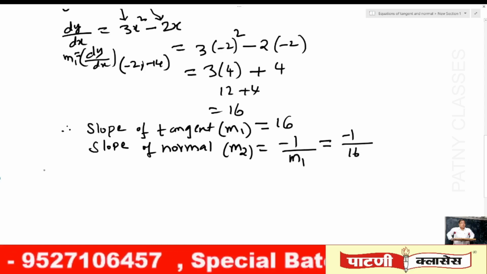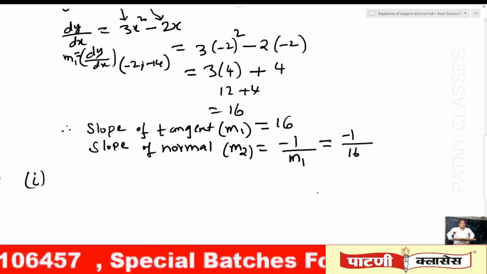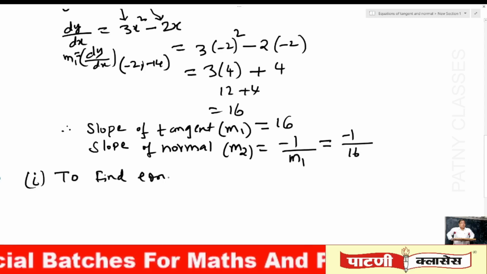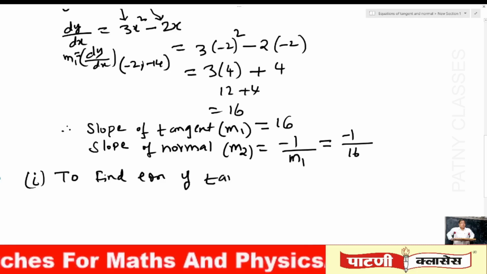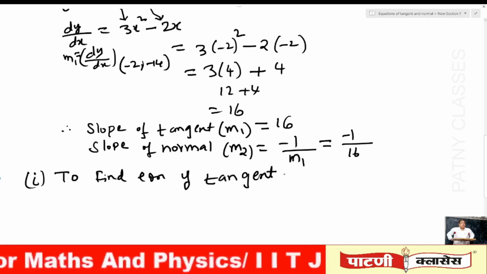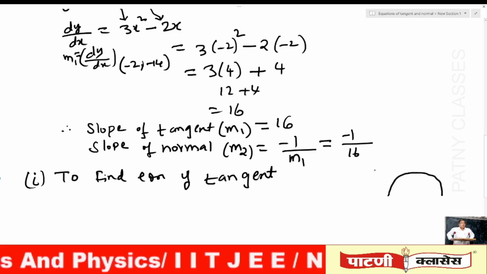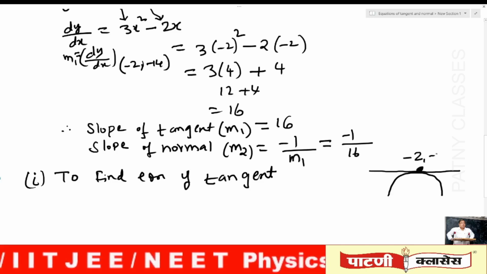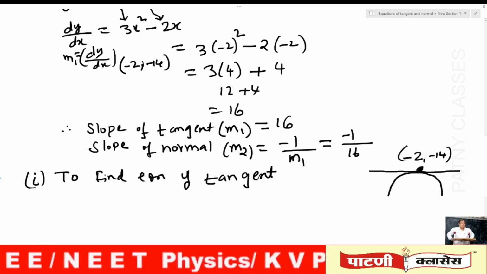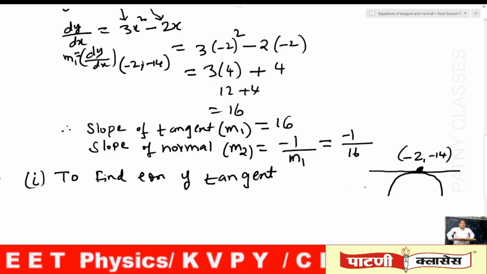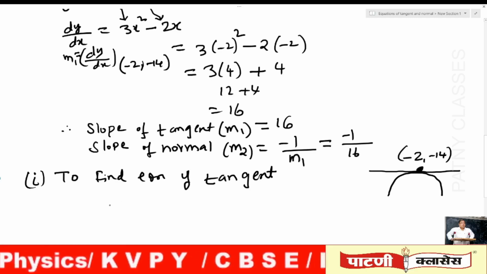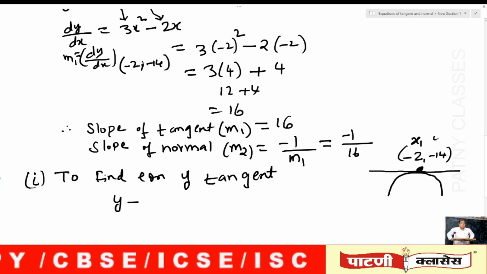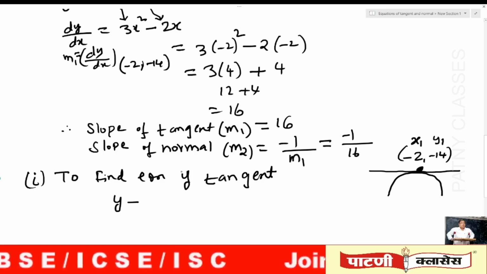Now, case number 1, to find the equation of tangent. First we draw the diagram once again, and here is the point (-2, -14). The equation of the tangent can be obtained by the formula, where -2 stands for x1 and -14 stands for y1.